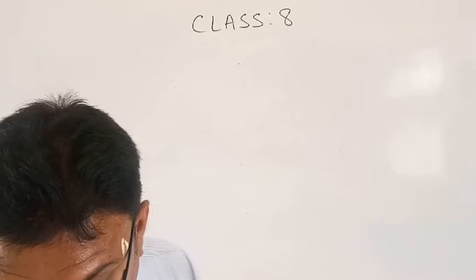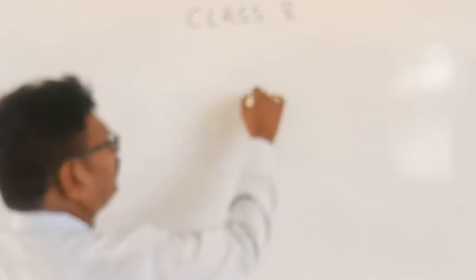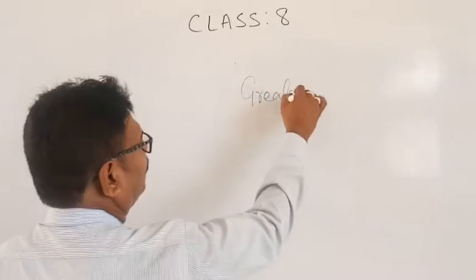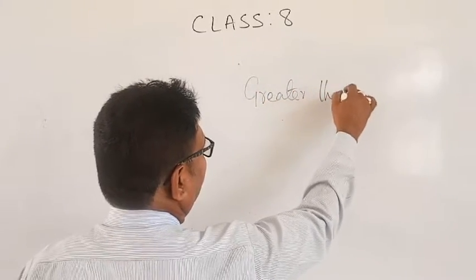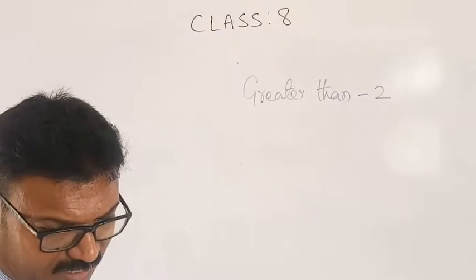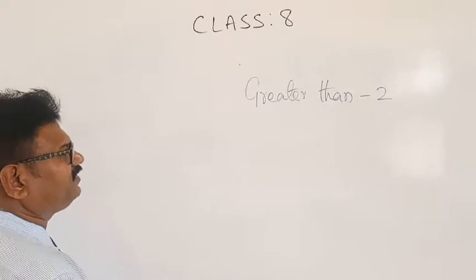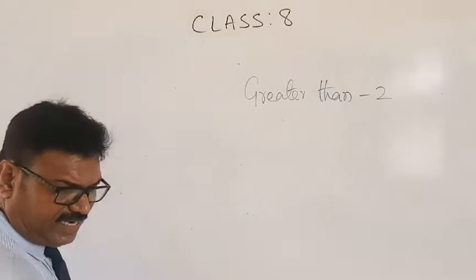Next, write 5 rational numbers greater than -2. We have to write the numbers which are greater than -2. Very, very simple.